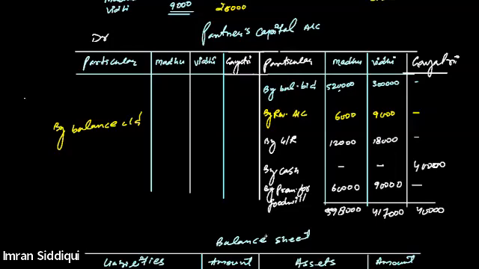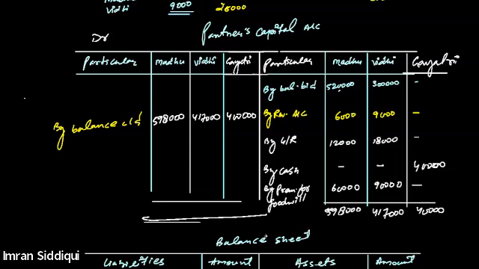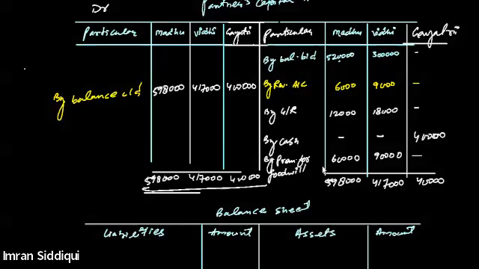So these will be their closing balances: 5,98,000, 4,17,000, and 4 lakh. Is this clear, everyone? So nothing more will be entered under the partner's capital account.